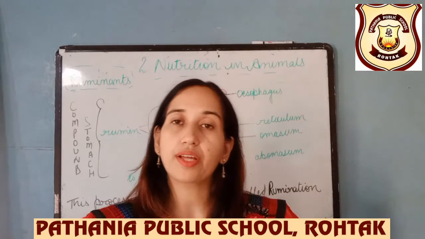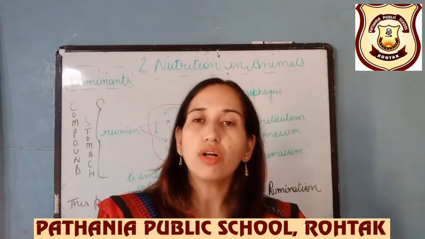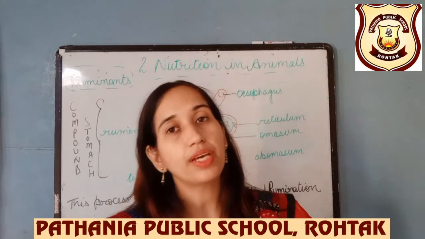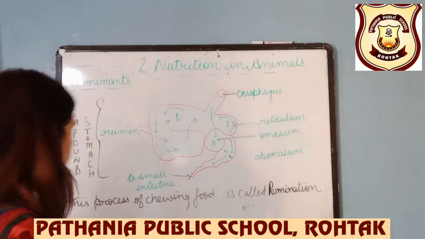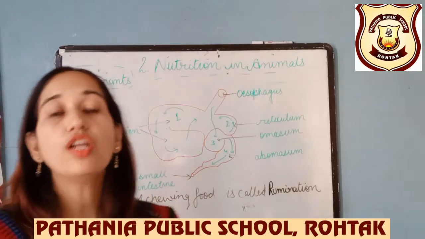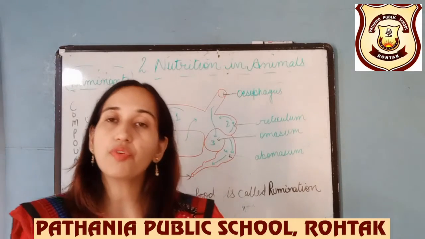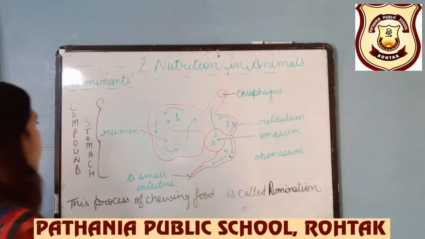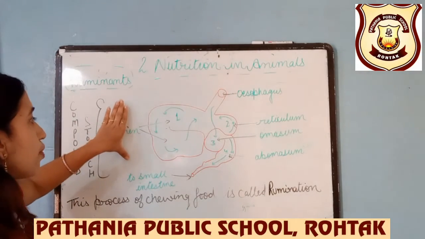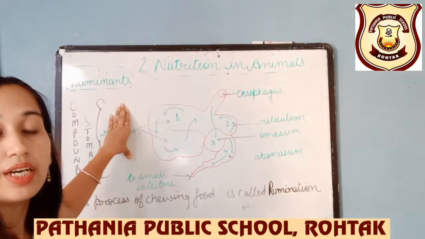So all this goes on in the ruminants, and the process of chewing the food again is called rumination. Now I'll explain this in detail. This type of stomach is of the ruminants.